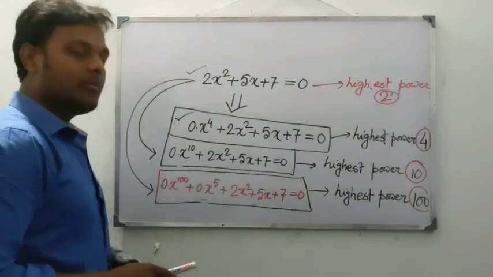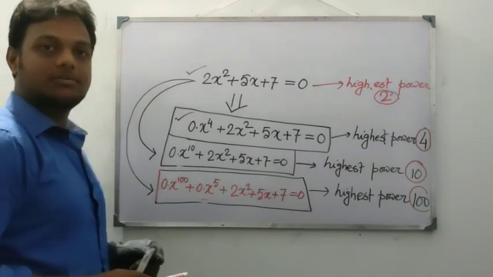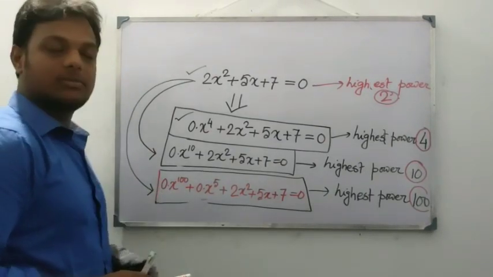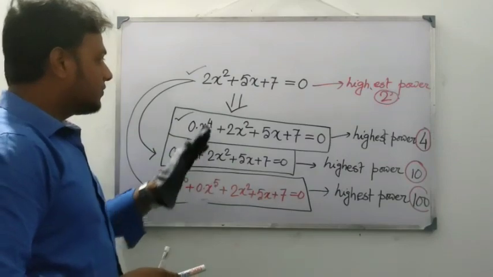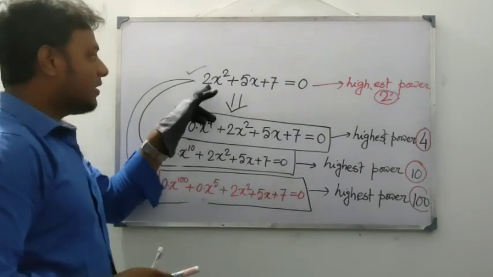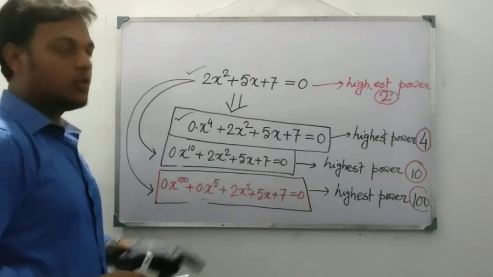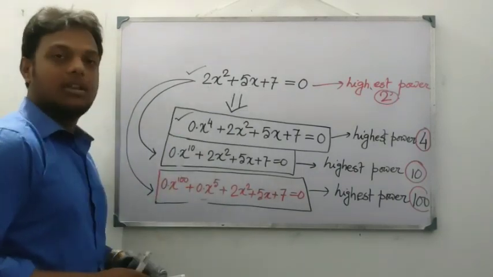Unnecessary, a waste of time, a waste of page, a waste of ink also. That is why the coefficient of x square must be not equal to 0. Coefficient of x can be 0, but coefficient of x square can't be 0.